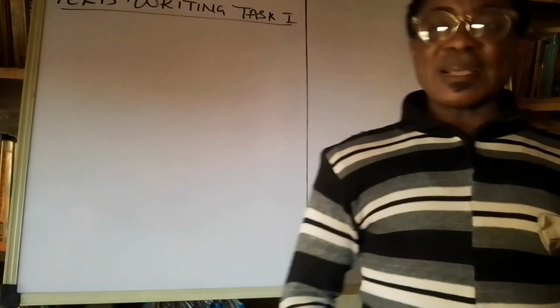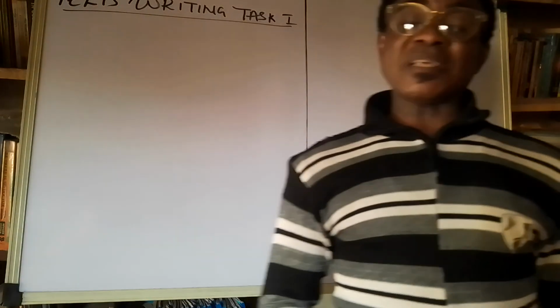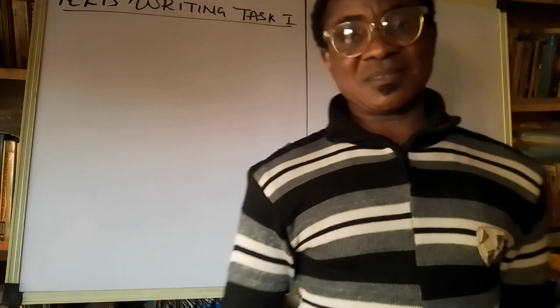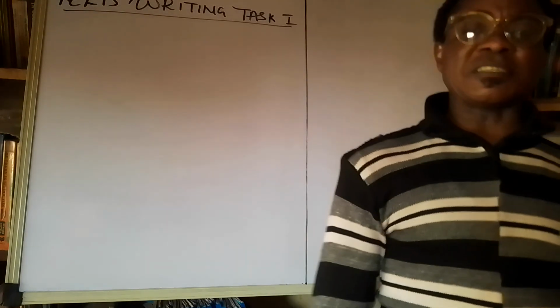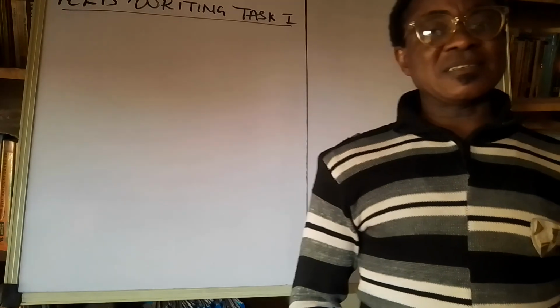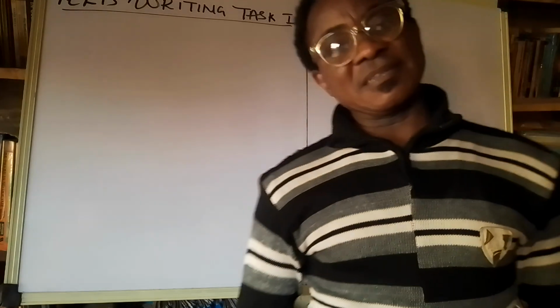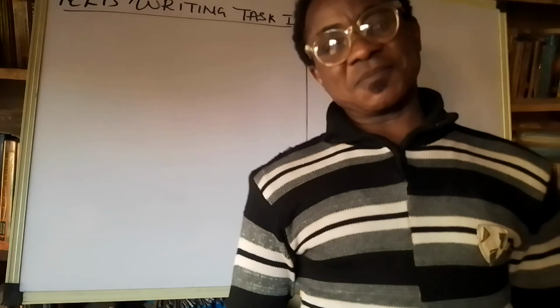So, the Task 1 writing involves only professionals, people who are already pursuing various professions, but they want to continue with their professional careers outside the third world or outside Nigeria, as the case may be.